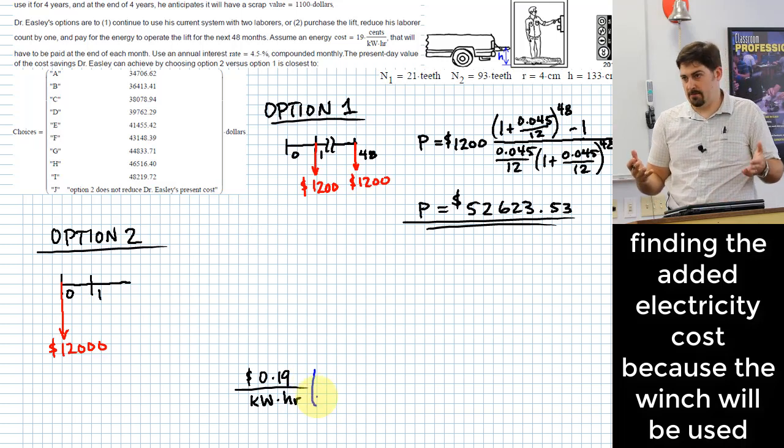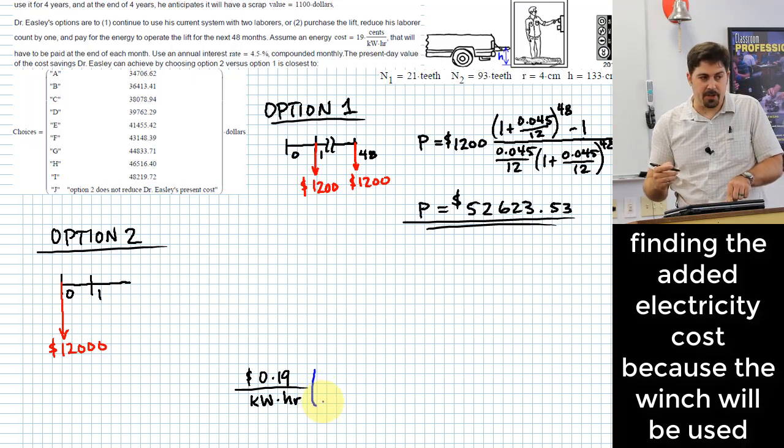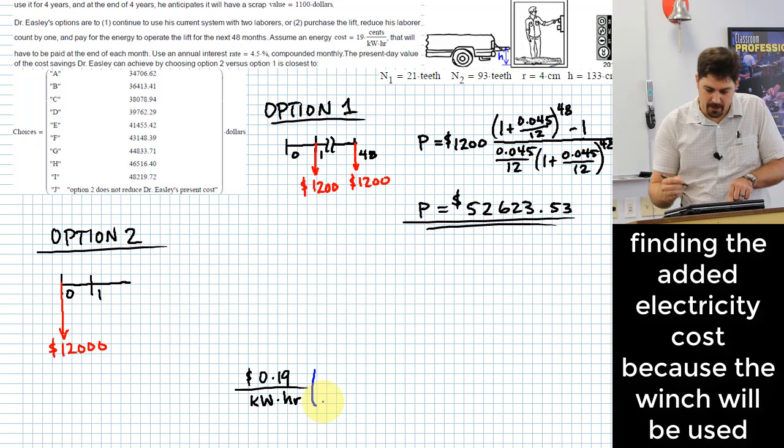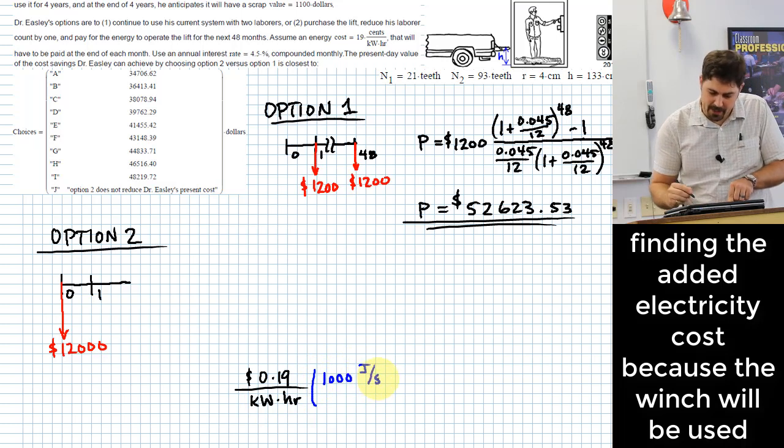What is a watt? Okay, it's voltage times current. What else is it? Joules per second, right? So we have 1,000 joules per second is a kilowatt, right? So we have 1,000 joules per second. That takes care of my kilowatt.